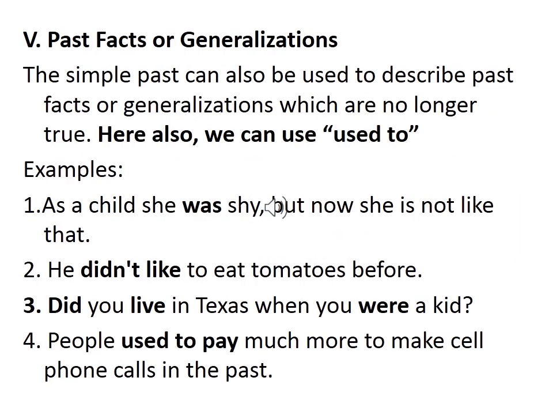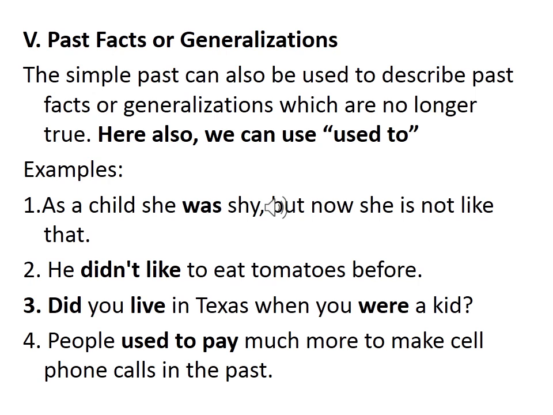The fifth use is to talk about past facts or generalizations. The simple past can also be used to describe past facts or generalizations which are no longer true. Here also we can use the verb used to. Look at the examples. As a child she was shy, but now she is not like that.